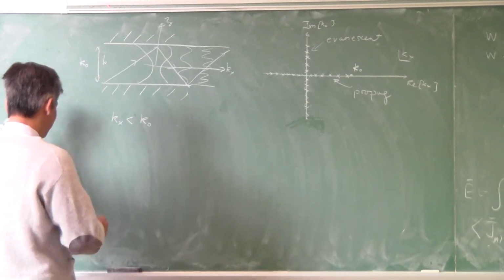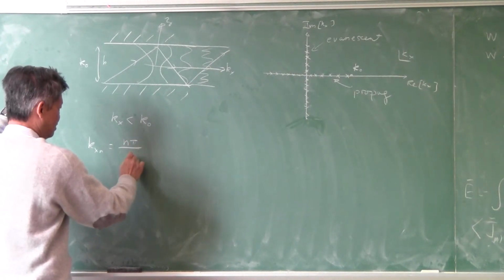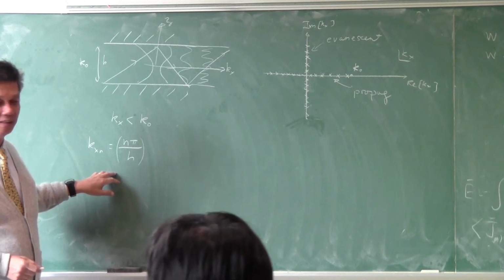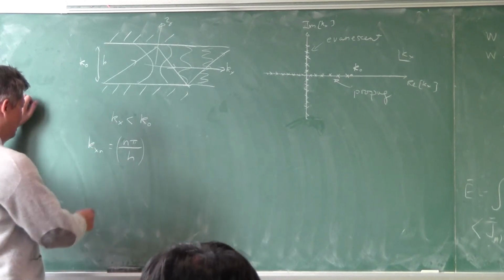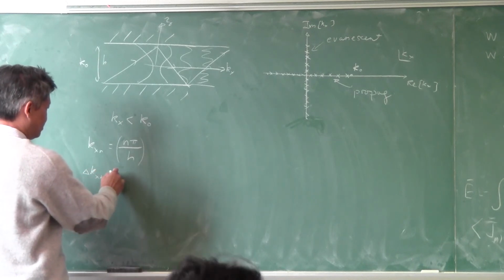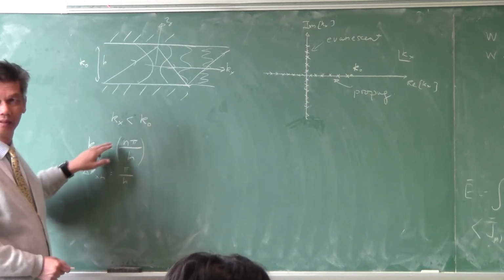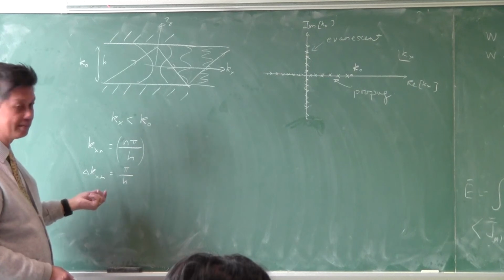Remember this thing? Kxn is n pi over h. It's a mode number. So if h becomes bigger and bigger, delta Kxn, the difference between adjacent modes, is pi over h. So the modes will become denser and denser.